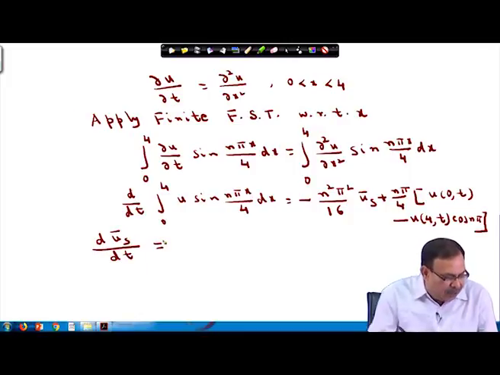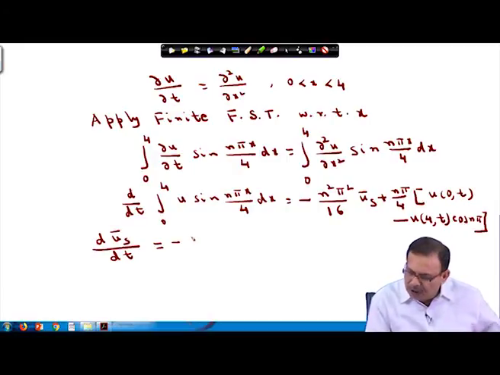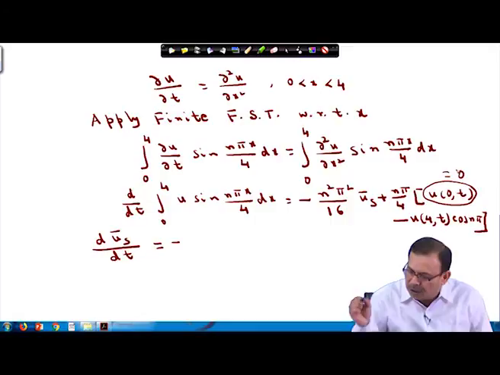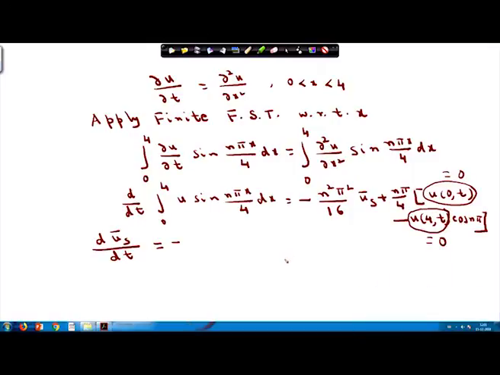This equals minus, and the values are given: u(0, t) is 0 from the condition, and u(4, t) is also equal to 0. So, once I put this in, the second term will vanish, and you will have only minus n square pi square by 16 into u bar s.